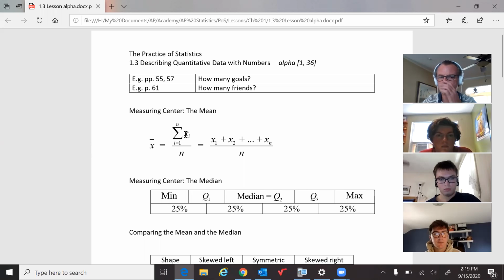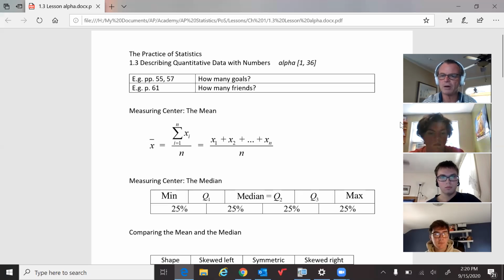The sum of these elements, beginning at the first one, i equals 1, x sub i, beginning at 1 and ending at n. So that's x sub 1 plus x sub 2 plus all the way up to x sub n, divided by how many elements you have. There's the mean, which actually takes something you're familiar with and makes it much more complicated, but you have to be able to read that.